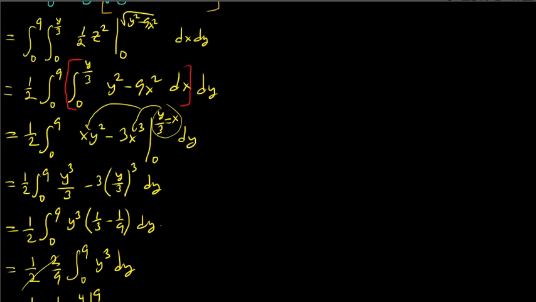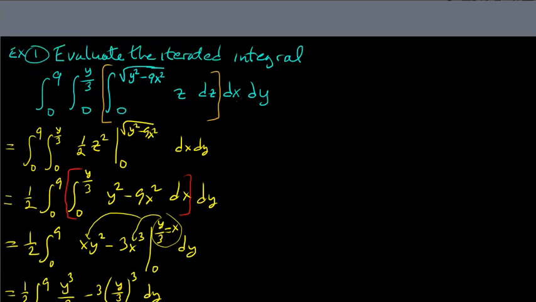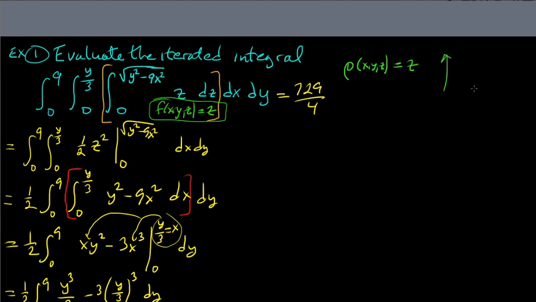Right, so what does this number represent? This iterated integral here is 729 over 4, just some number. Well, again, this defines a region Q, which we can try to interpret if we want. But the function f of x, y, and z turns out to be a function of just z. So think about the density as only varying with z. The bigger the z, the higher the density. So as you go up, the density increases.